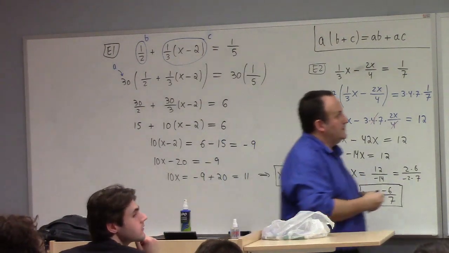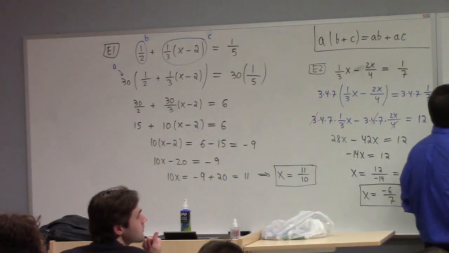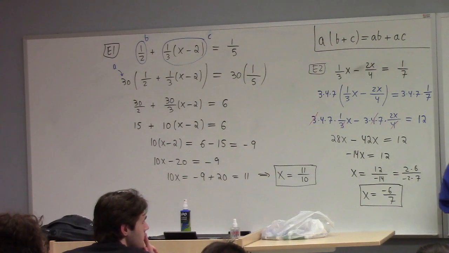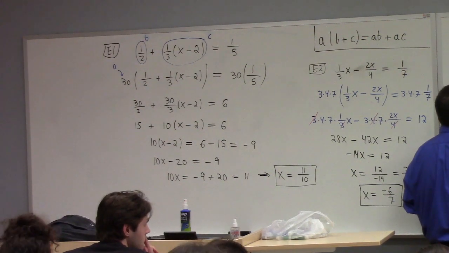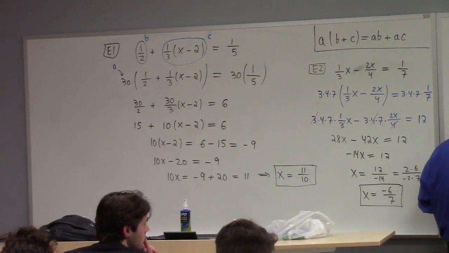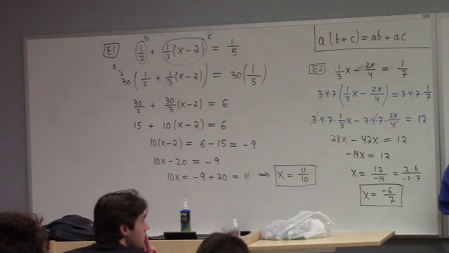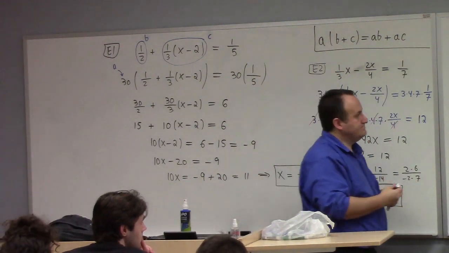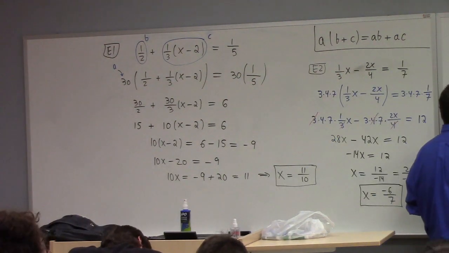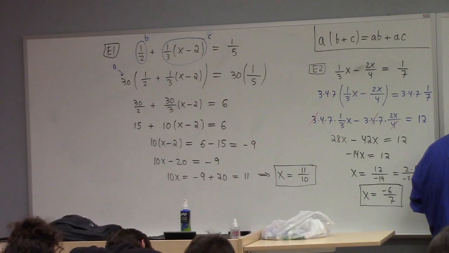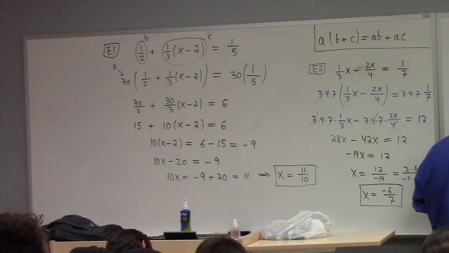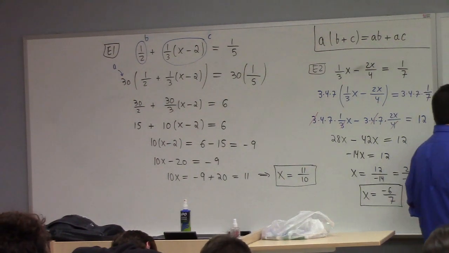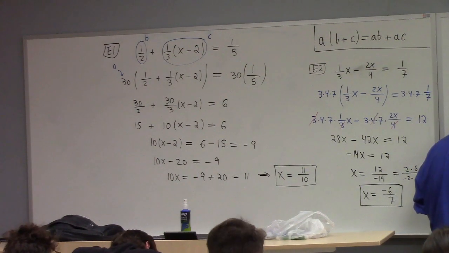Add 2 to both sides. So we get 2.3 equals 0.5x. So what's x equal to? Divide by 0.5, so we get 2.3 divided by 0.5, which is the same as multiplying by 2. That gives us x is equal to 4.6.